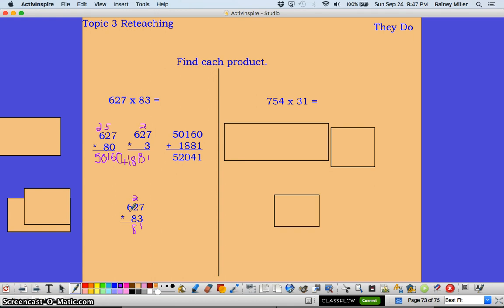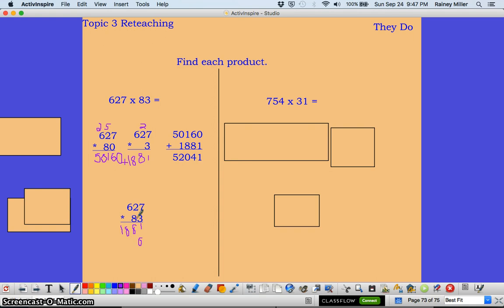Okay, 3 times 6, that's going to be 18. Okay, then what I'm going to do is I'm going to put in my 0 here because that shows that I'm switching over to the 80. Okay, and I'm going to erase this 2 up here so I don't get confused.